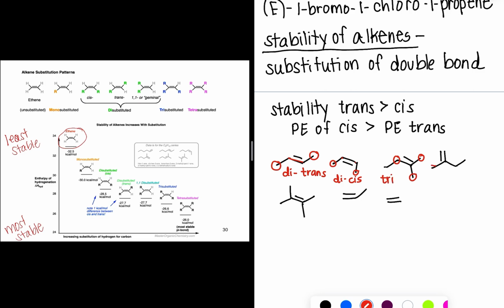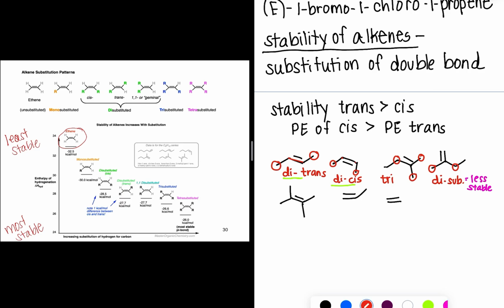Next one is a disubstituted but geminal. Geminal means on the same carbon. So you can see that this di versus the 2 other ones, this one is going to be less stable because there's no alkyl group, or no R group, on the other side of the double bond.